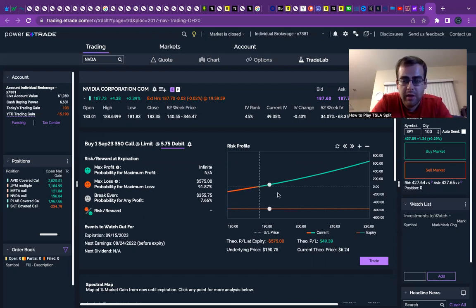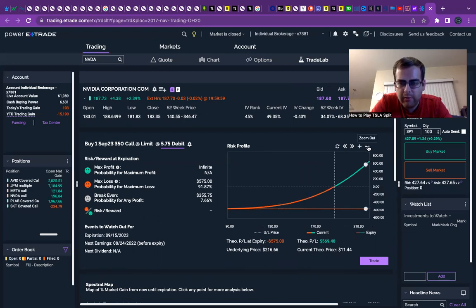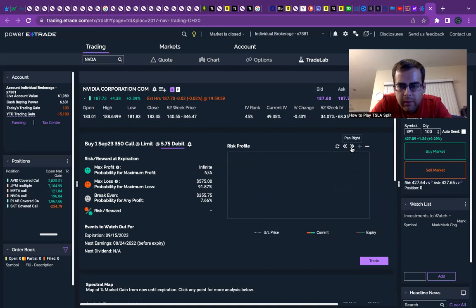So let's look here. If we get to, and I don't know why this is ending at 220. Maybe I need to zoom out. I'm not sure why, because I thought we were wagering at 350. Huh.